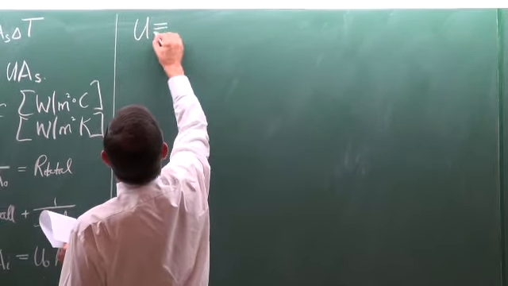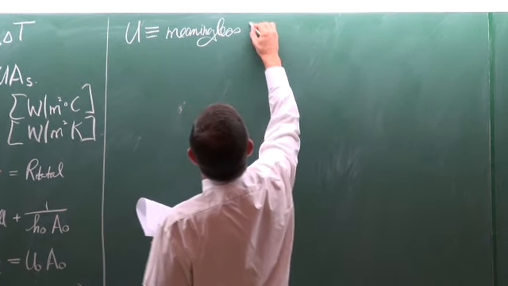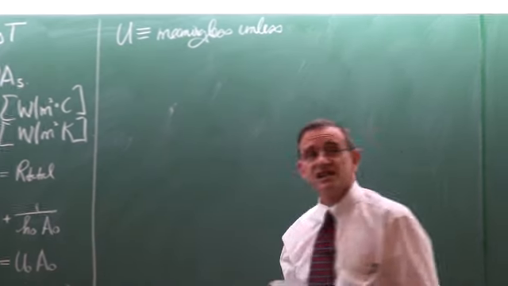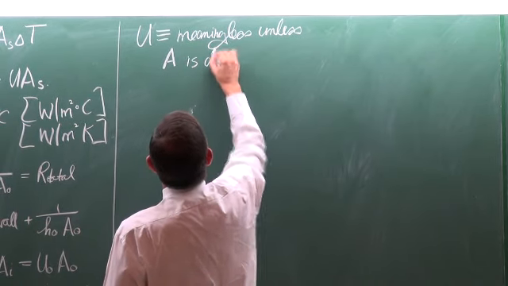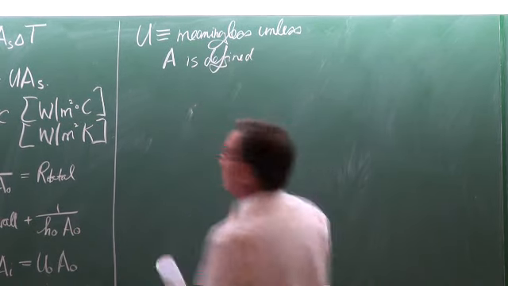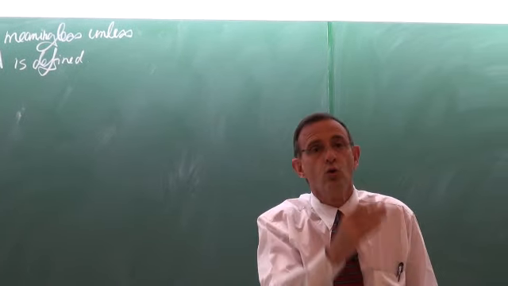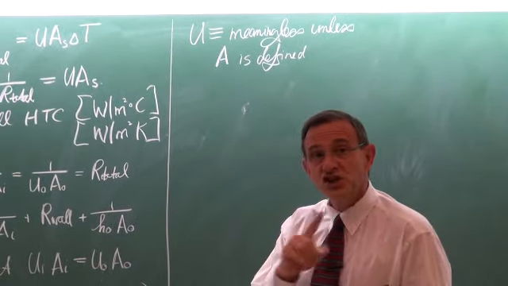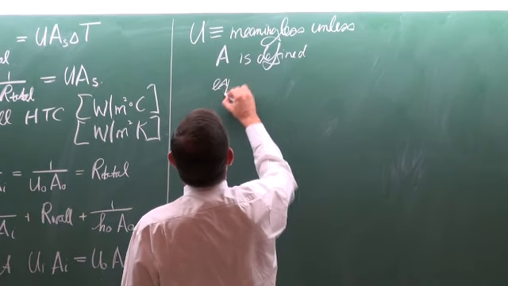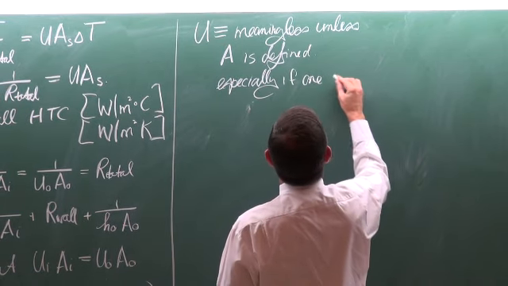Okay, so U in general is meaningless unless the area is defined. What I mean is I must be clear whether it's the inner area or the outside area, especially if one side is finned.